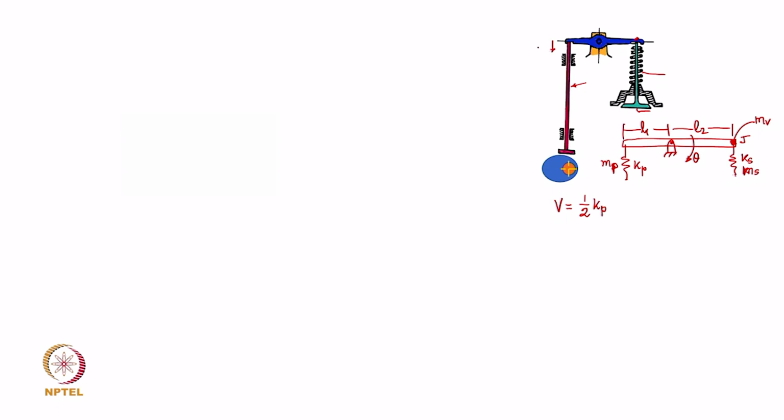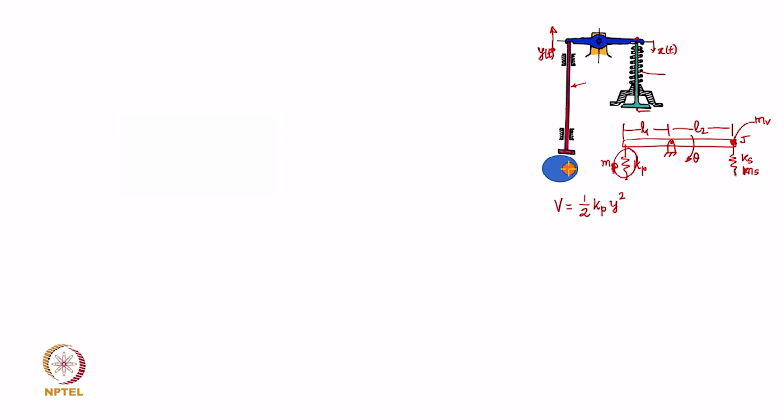So, half Kp into y squared, if this displacement is assumed as y of t and this as x of t. You can consider this y of t and x of t as the two displacements at the tip of the rocker arm. Then half Kp y squared is the strain energy that will get stored in this spring.